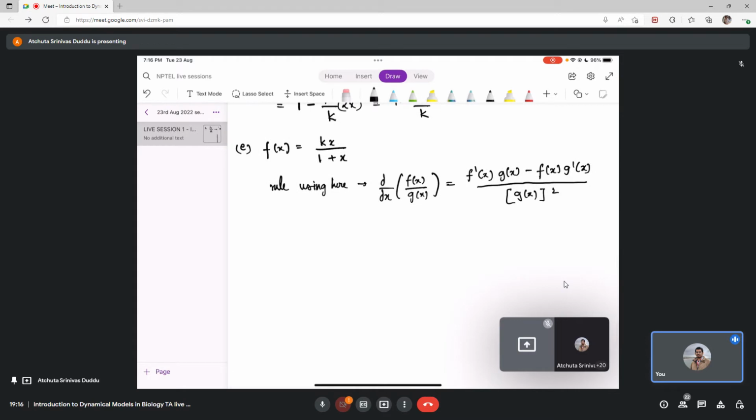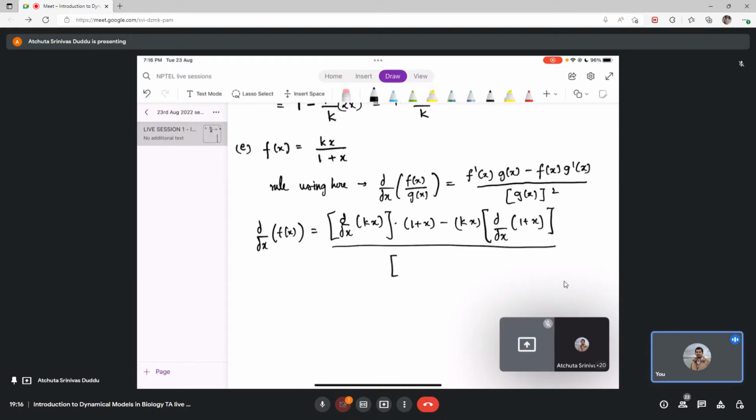So what would that be for this particular function in our case? d by dx of f of x would be f prime of x, that is d by dx of kx times 1 plus x minus kx times d by dx of 1 plus x, the whole divided by 1 plus x whole square.